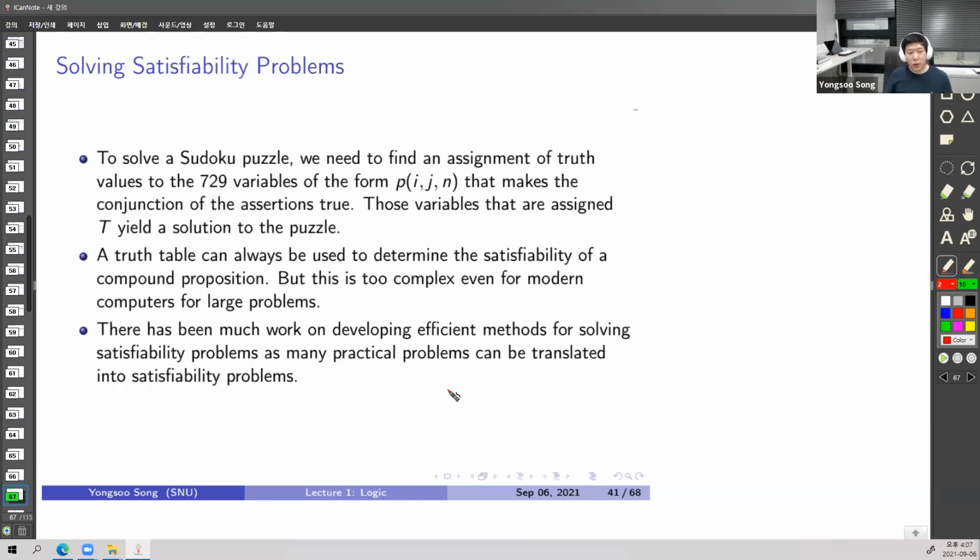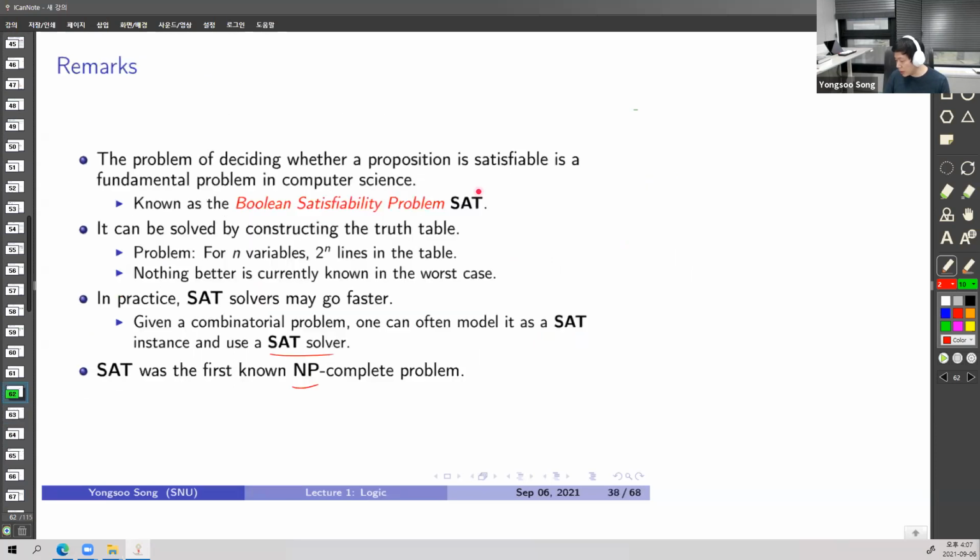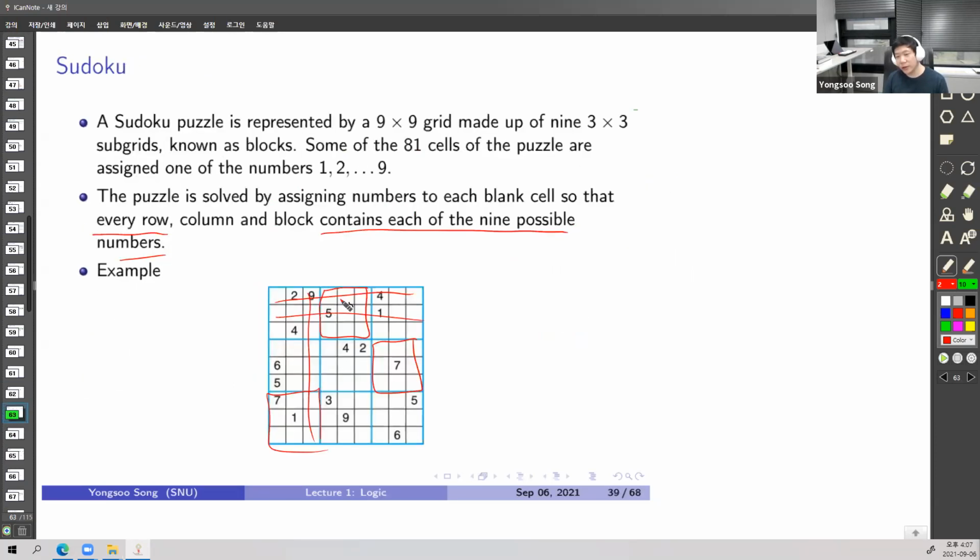Okay, so how can you solve the Sudoku puzzle? As I mentioned, there are 729 propositions here, each of which is either true or false. And in the initial state, we are given some conditions. For example, number 2 is here, meaning that P(1,2,2) is true.